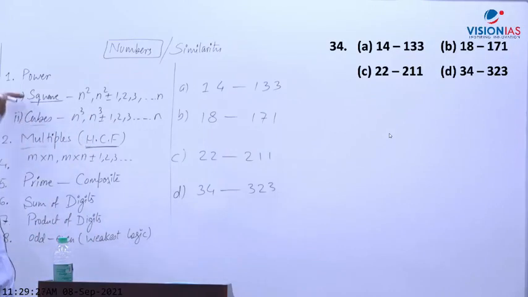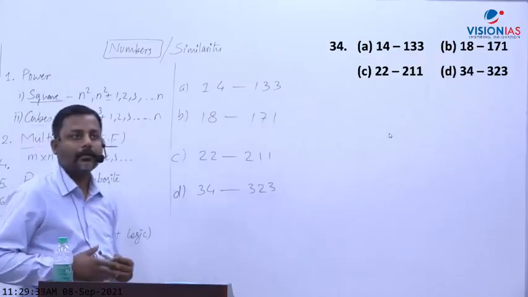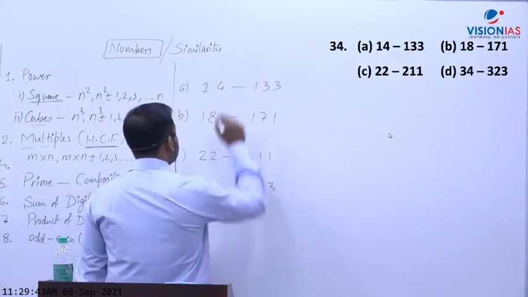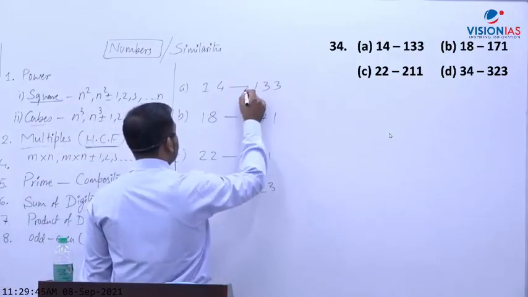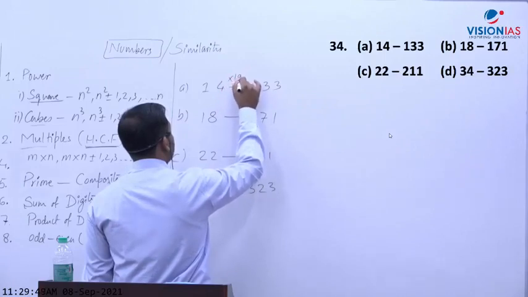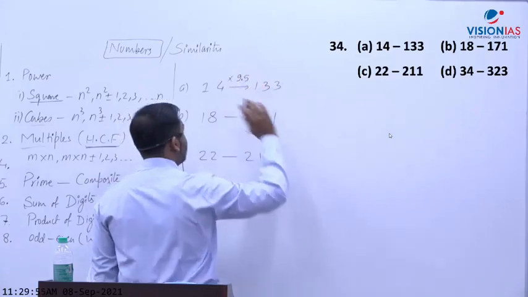See, is there any logic of square and cube there? No. But can we apply the logic of multiple? Like, can we say that this number is 14 multiplied by 9.5?